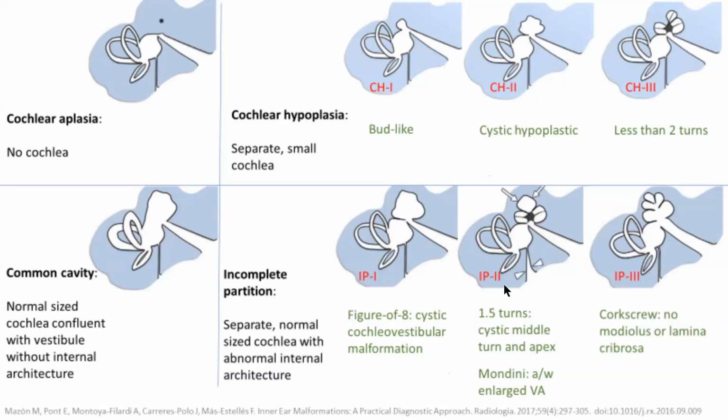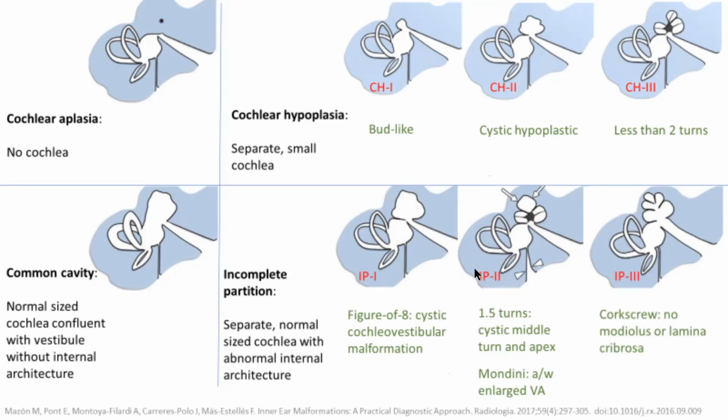Incomplete partition type 2 has sometimes been described as 1.5 turns, but it's really that the middle turn and the apical turn are not separated. There's not partitioning of the middle turn and the apex, so you don't see this notch here where the interscalar septum normally is, and so you can only count 1.5 turns, but the rest of it is cystic.